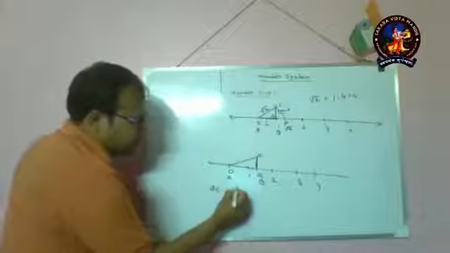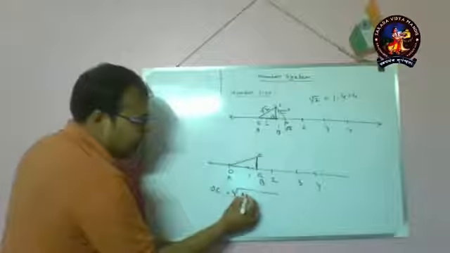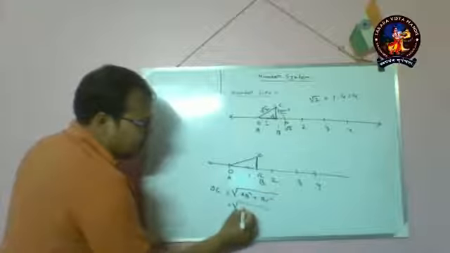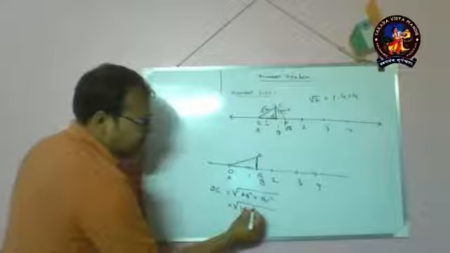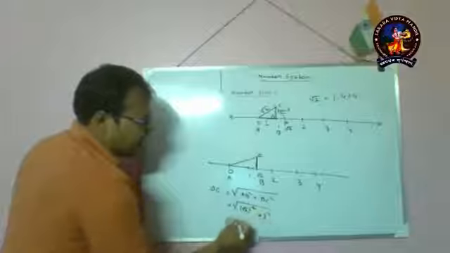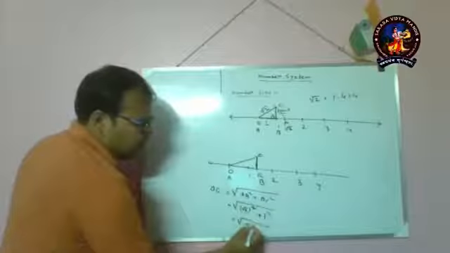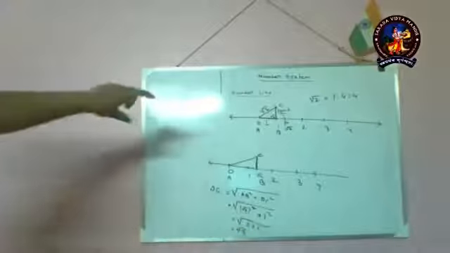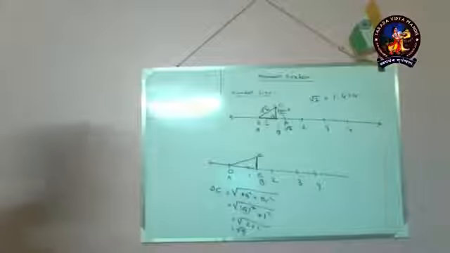It is root over AB square plus BC square, which is nothing but root over root 2 square plus 1 square. So it is root over 2 plus 1, root 3. So OC we have got as root 3 units.